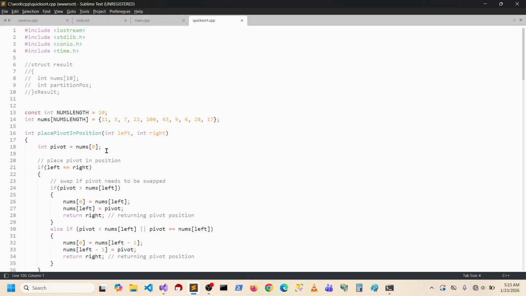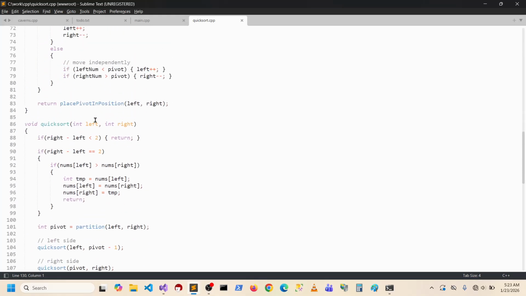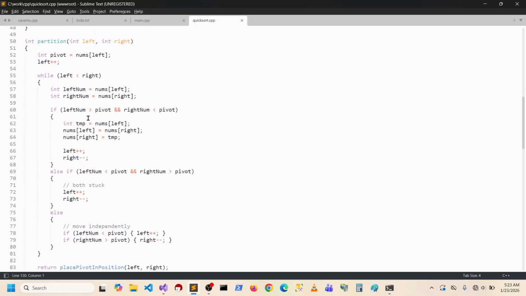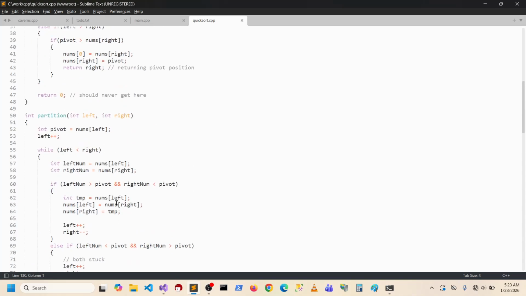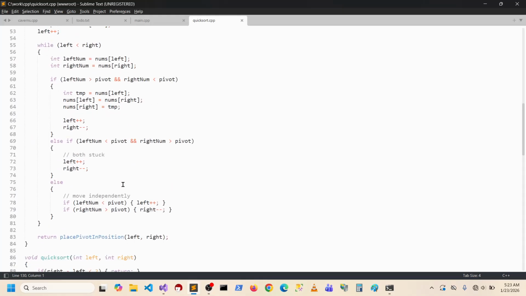That's what I'm thinking. Because when we partition, we know the pivot. That's set to left. So that's what we need to do. Let's see how that goes. Let's pass pivot in.